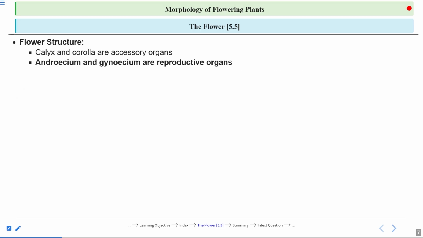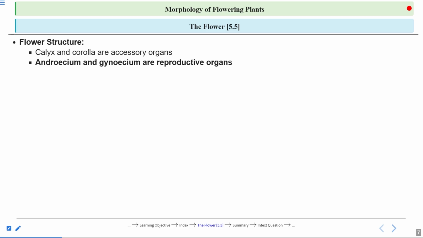Now we will study the structure. Calyx and corolla are accessory organs. These are not the main part of the flower. The main parts of the flower are androecium and gynoecium. Because what is the function of the flower? The flower's function is to participate in the process of reproduction. And what are the reproductive organs? Androecium and gynoecium.